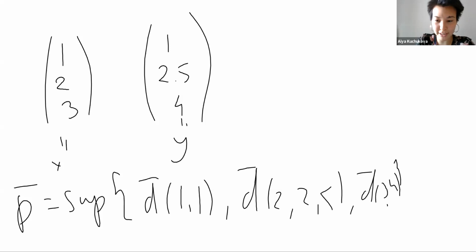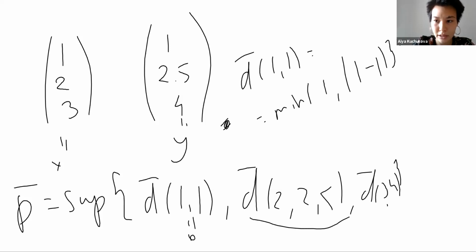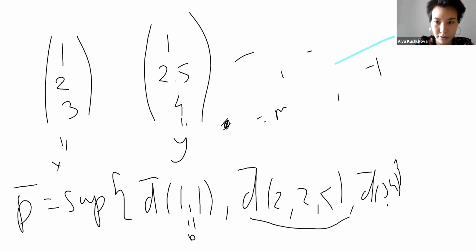If at some point you get the idea, feel free to shout it out. So d bar(1, 1) should be the minimum between 1 and |1 minus 1|, which is 0. Of course, it would be 0.